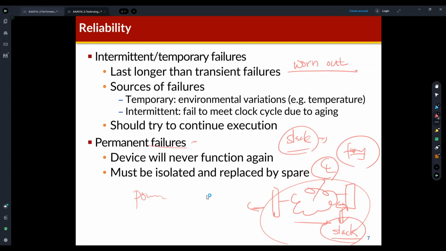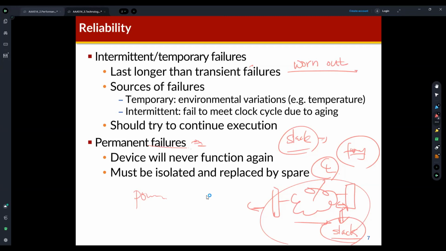So we may fix these intermittent failures in a circuit, because if we just do not use this part, this component, then the errors can be recovered. But with permanent failures, the circuits and components are permanently broken. In this case, we cannot use this device. This is also called permanent failures.